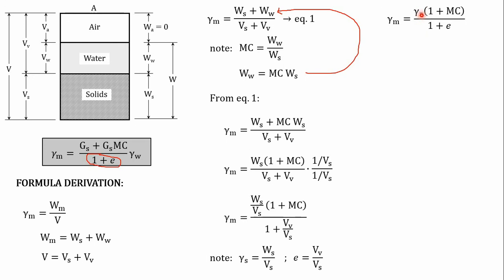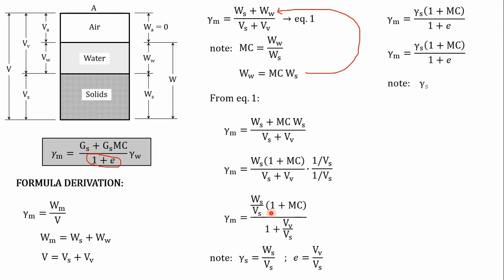Remember, this represents the unit weight of the solid particles. So, unit weight of solid particles times (1 plus MC) divided by (1 plus e). We are near. So, moist unit weight is equal to unit weight of solids times (1 plus MC) divided by (1 plus e).